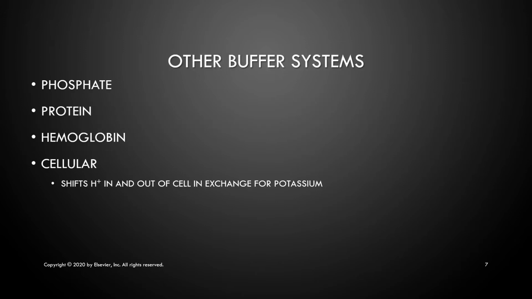Some other ways that our body is going to utilize and help this chemical buffering system is through the use of phosphate. Phosphate is one of the major buffering systems that's located inside the cell. If you remember, in fluid and electrolytes, we talked about how phosphate was found intracellularly.